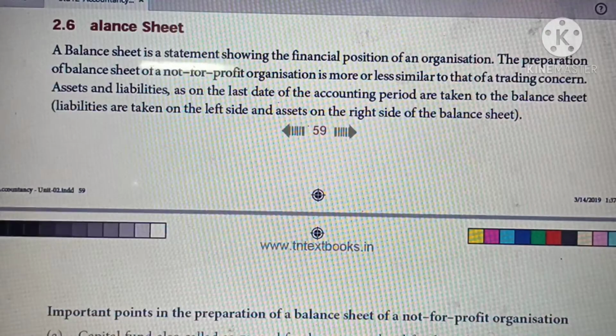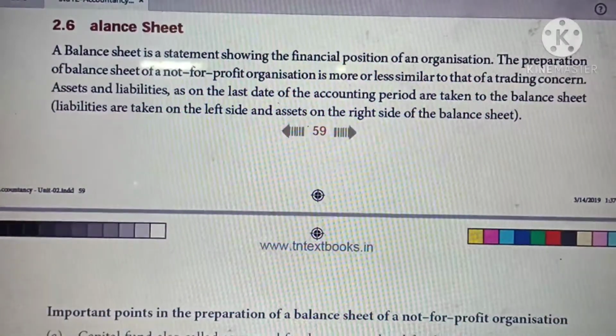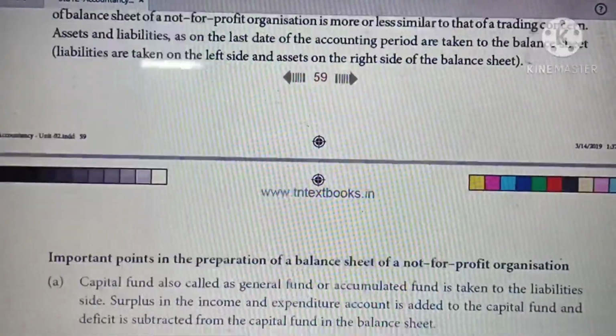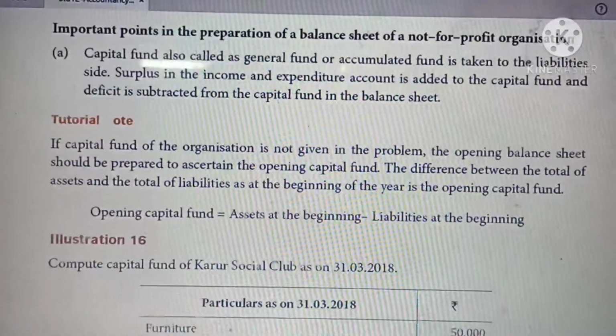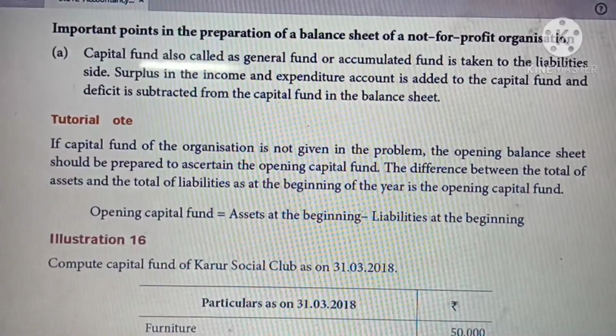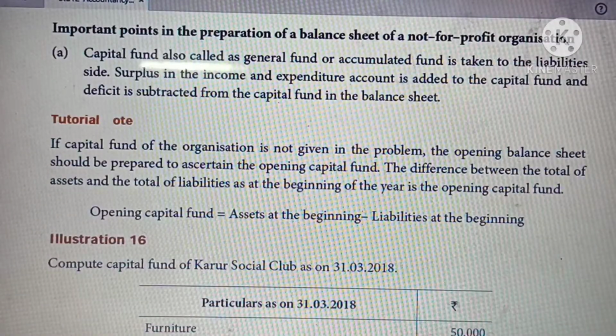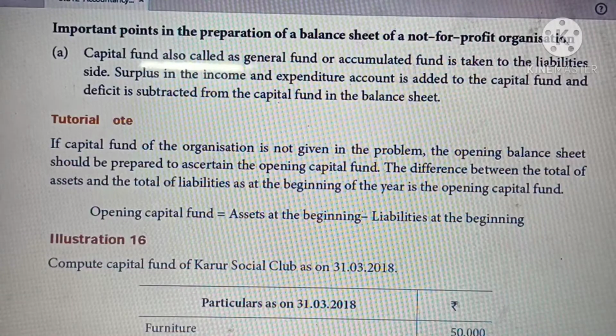What are the important points in preparation of balance sheet for not-for-profit organization? Number 1, A. Capital fund, also called a general fund or accumulated fund, is taken to the liabilities side. In a trading concern balance sheet, they are given some capital.